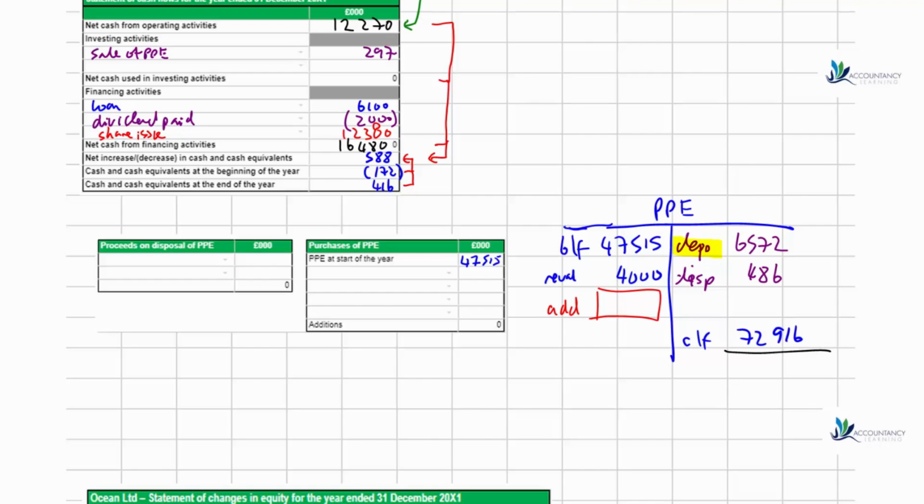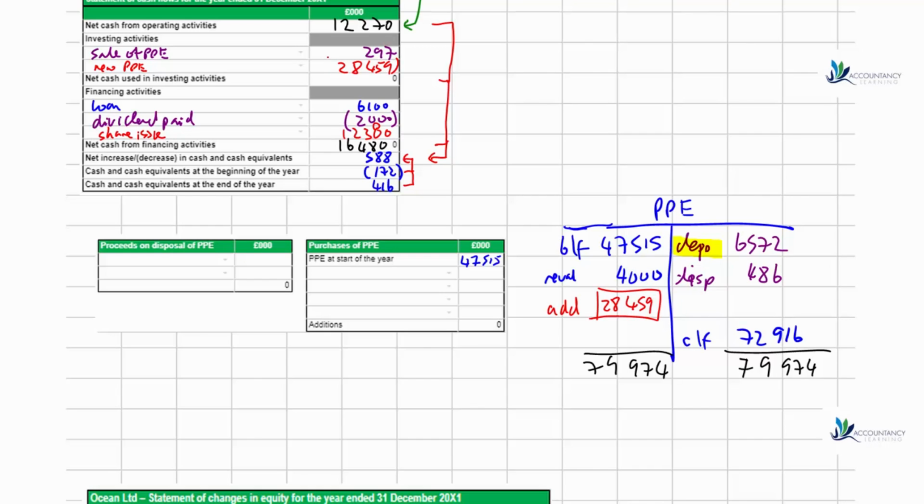So yeah, I just need to balance off the account. So we just work out our totals. And that can give us our balancing figure. We must have spent 28,459 on new assets. So we can put that into our answer. So yeah, we've purchased new property, plant and equipment, and we've spent 28,459.